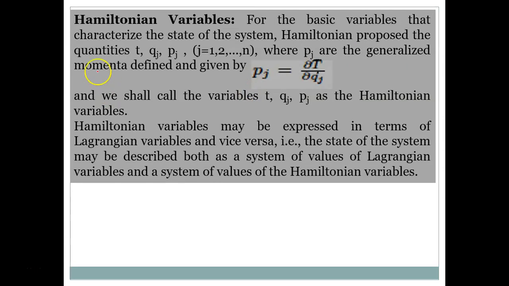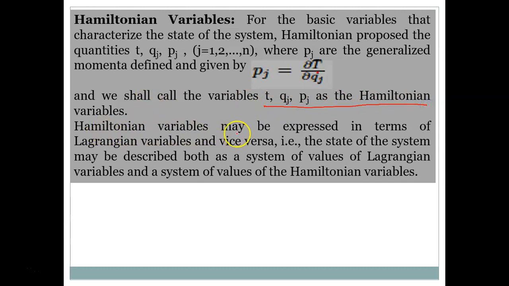In the same manner, if we talk about Hamiltonian variables, for the basic variables that characterize the state of the system, Hamiltonian proposed the quantities T, Qj and Pj, j going from 1 to n, where Pj are the generalized momenta given by Pj equal to del T by del Qj dot. We shall call these variables T, Qj, Pj the Hamiltonian variables.